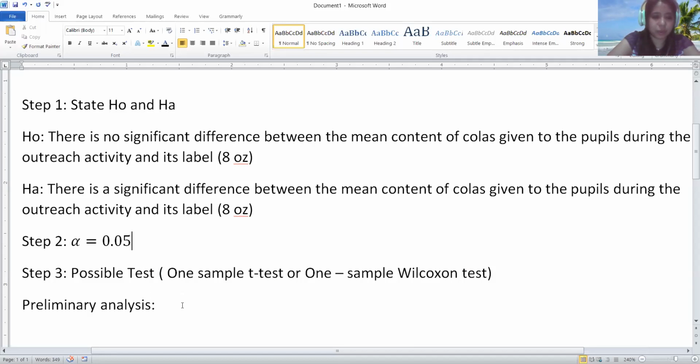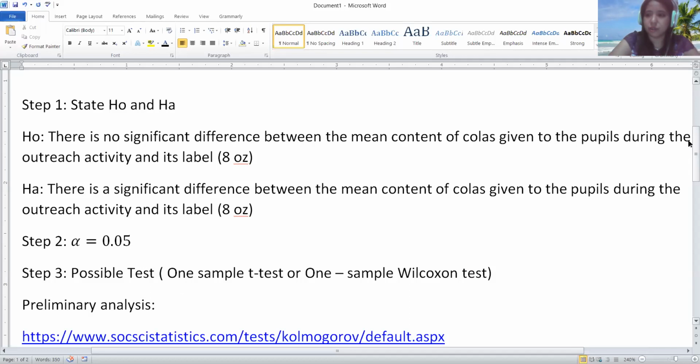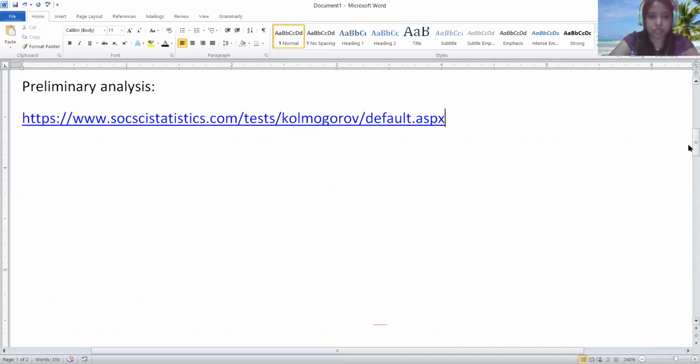Let us enter the website here. It is www.socscistatistics.com/tests/kolmogorov/default.aspx.